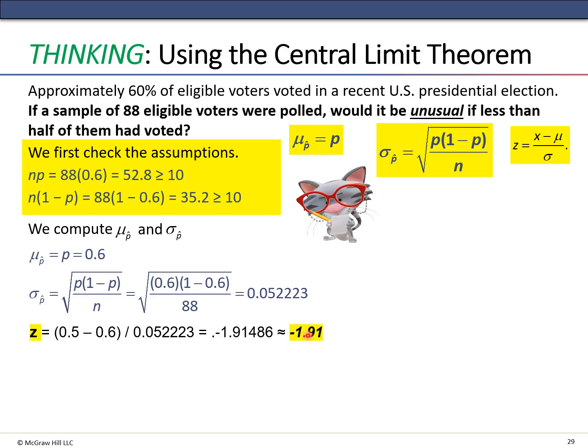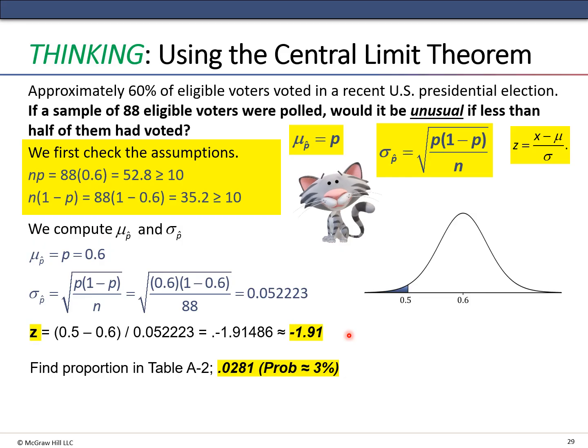And we get a negative 1.91. Since we're doing less than half, we're in luck because the table is for values less than. Here's our mean, here's the value we're looking at, less than half, and we're trying to find the probability of the area there.